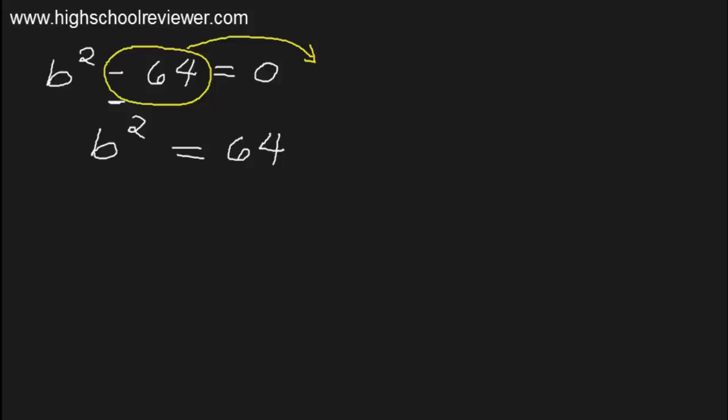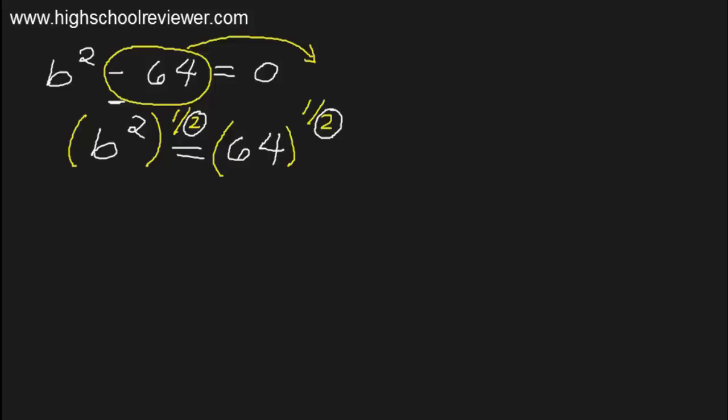So we need to raise both sides of the equation to 1/2. So b squared raised to 1/2, 64 raised to 1/2. The denominator of the exponent will be the equivalent of the root.